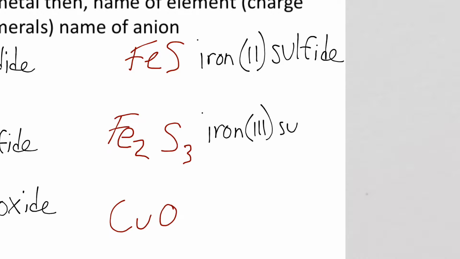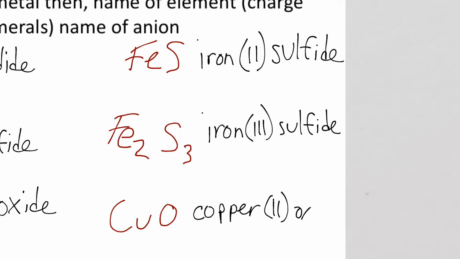However, it's still iron 3 sulfide. We'll get to how you understand it to be a plus 3 or a plus 2 in a moment. And again, copper is copper. Its charge is 2, so you need to indicate it is copper 2 oxide. And based upon these simplistic Roman numerals, we can determine what the actual chemical formulas are just from either the name or the symbol itself.